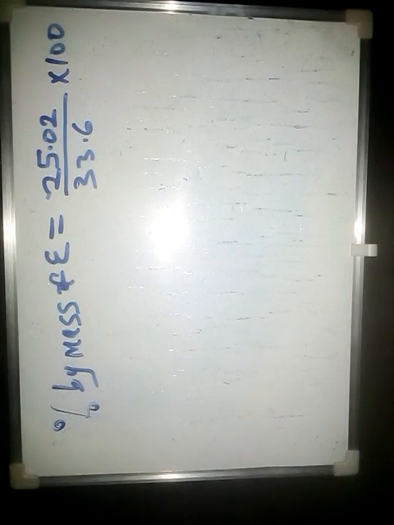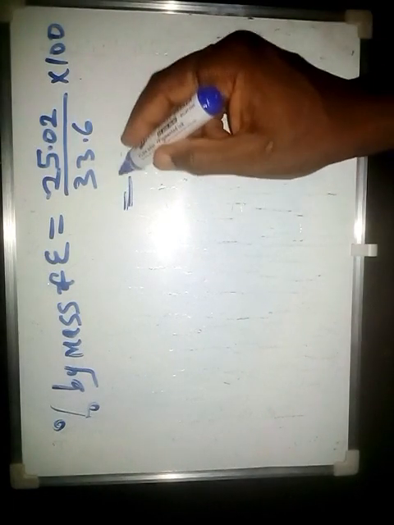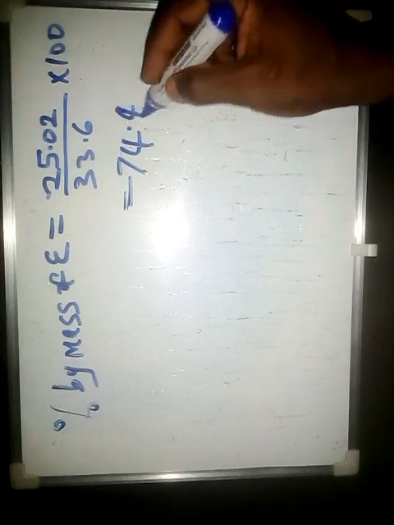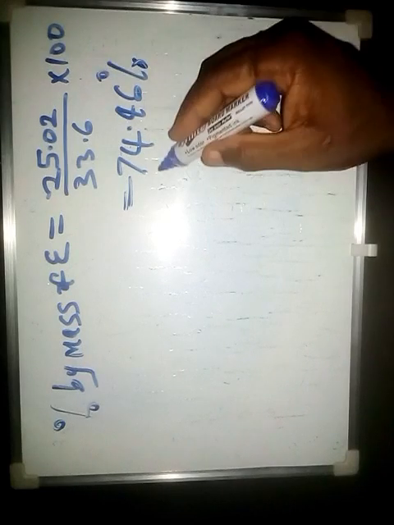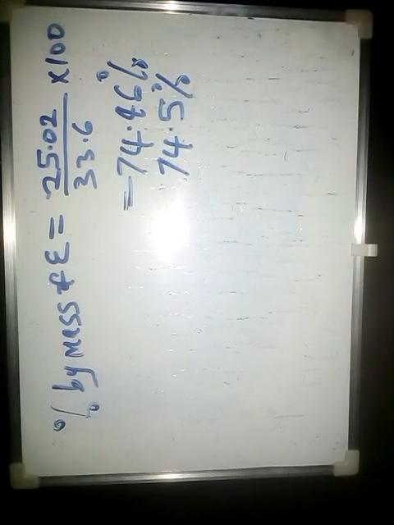So since that value was in dm cube, we have to use it like that. When you do this, you should get 74.46%, which is approximately 74.5%. So that's the percentage by mass of E.